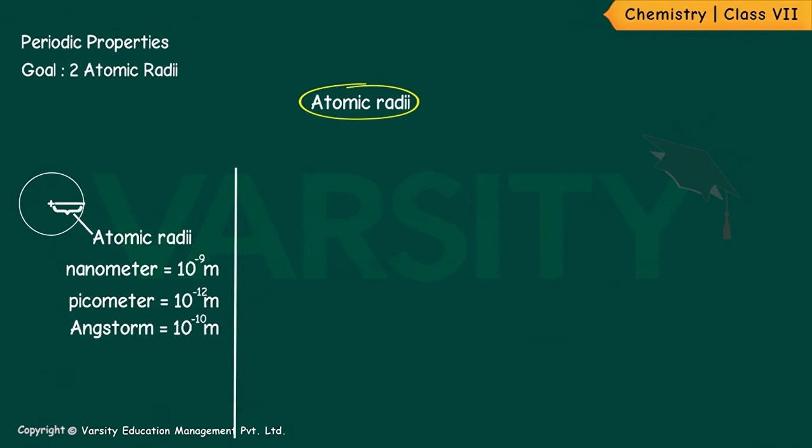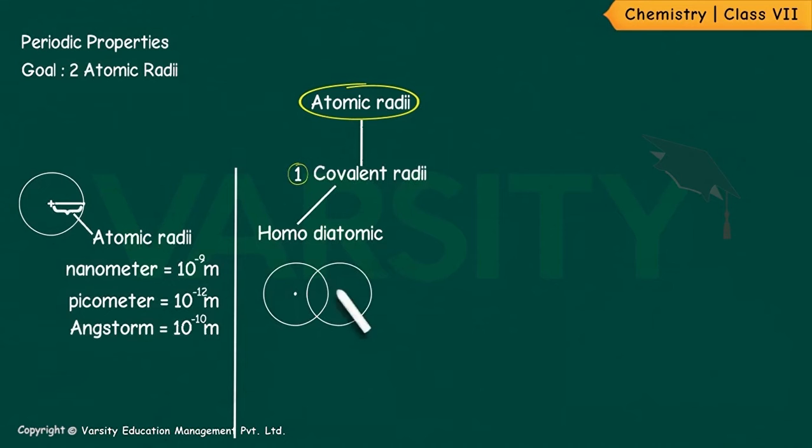Now, based on the nature of the atom, we have different radii. First is covalent radii, in which we have two types, that are homodiatomic and heterodiatomic.